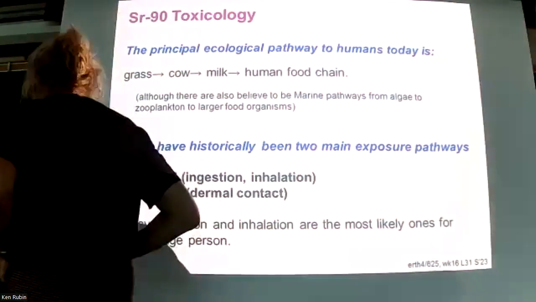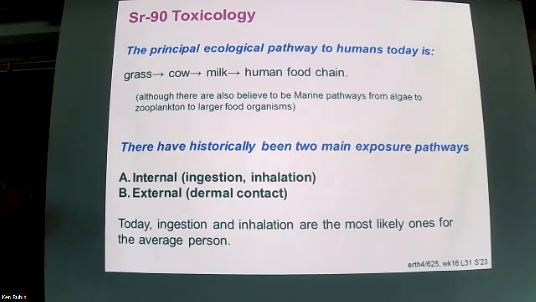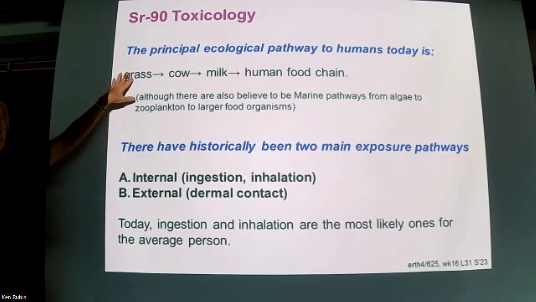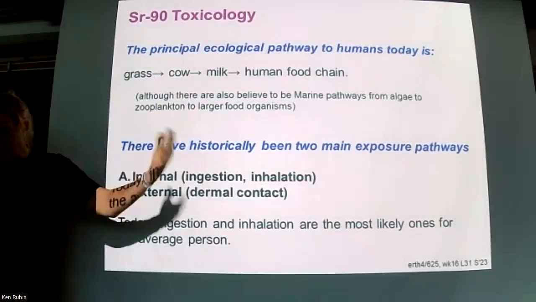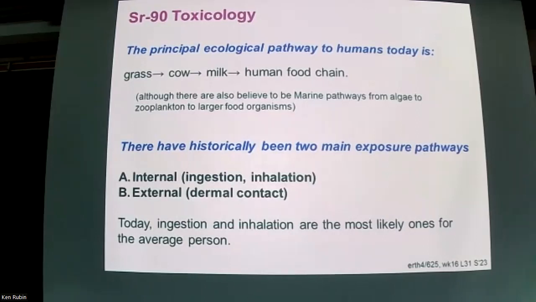So this is the main way that humans and other mammals can be exposed to strontium. It gets into the grass, as we just looked at. In our case, cows eat that grass, they produce milk, that milk is distributed to people, people drink it, and it gets into the human food chain.